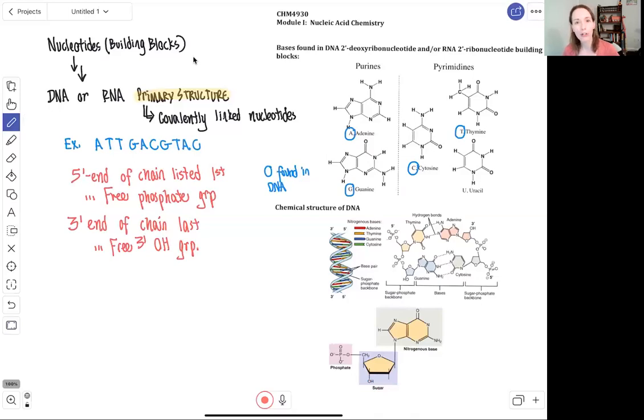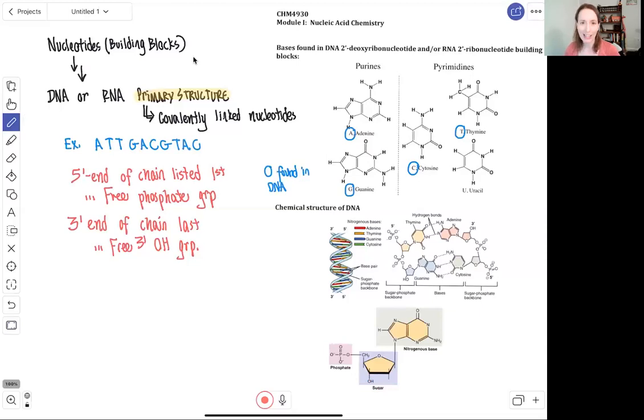Similarly, the primary structure of a nucleic acid, such as DNA or RNA, is the sequence of nucleotides that are found there. And just like with the proteins, where we could list the sequence in their one-letter abbreviations from N-terminus to C-terminus, here we can similarly do that, but we're listing from the 5' end to the 3' end.